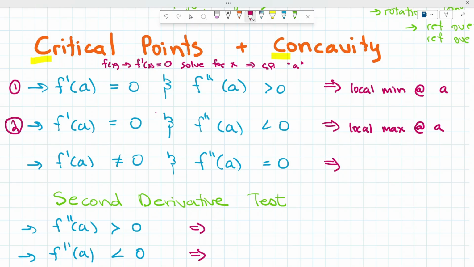If the second derivative is positive, greater than 0, we have a local minimum. And if the second derivative is negative, less than 0, then we have a local maximum. So that helps us classify our critical points.